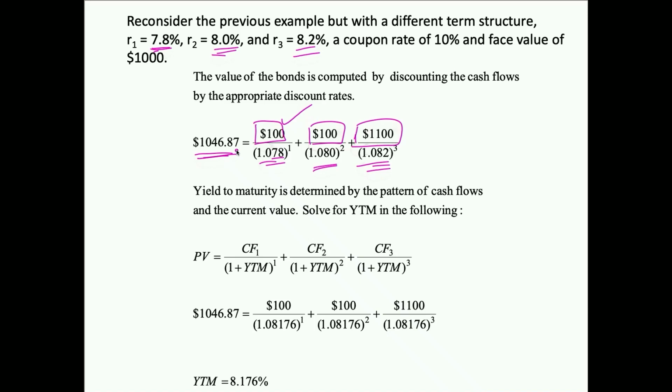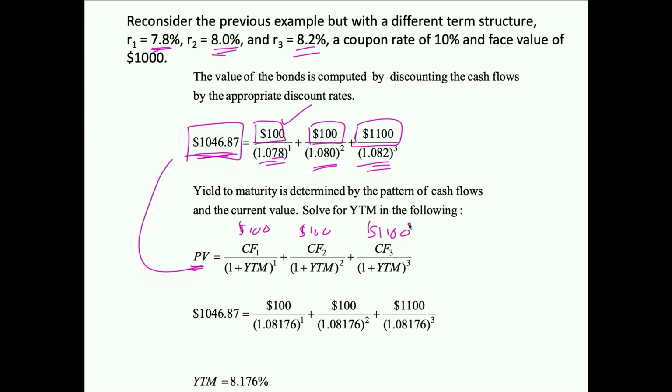All right, so what is the yield to maturity? The yield to maturity is the following. Imagine we took this 1046.87 as given for the PV here. We know our cash flows, 100, 100, and 1,100.